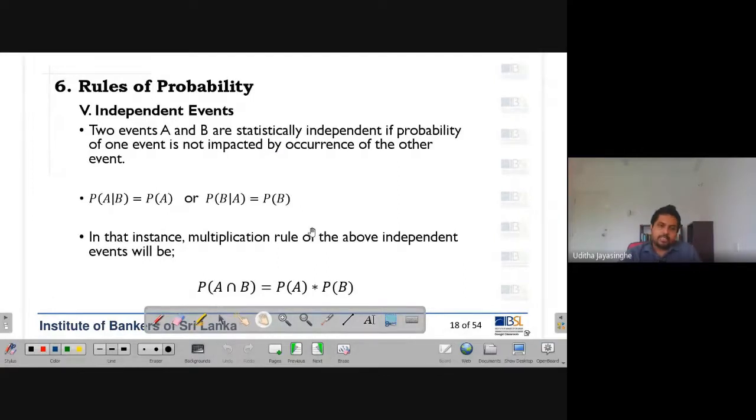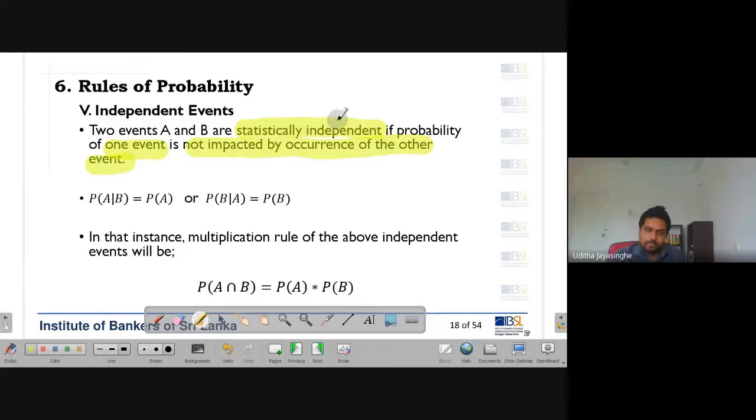Now coming to the next rule, on independent events. Two events, A and B, are statistically independent if the probability of one event is not impacted by the occurrence of the other event. So pretty much straightforward theory.